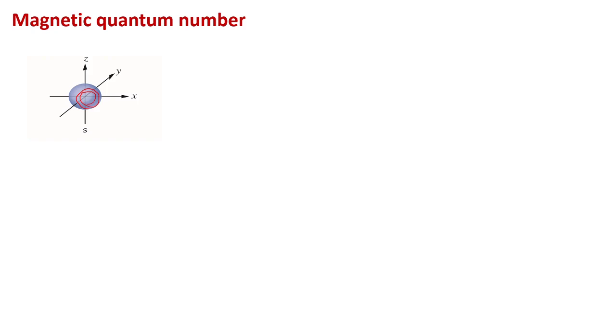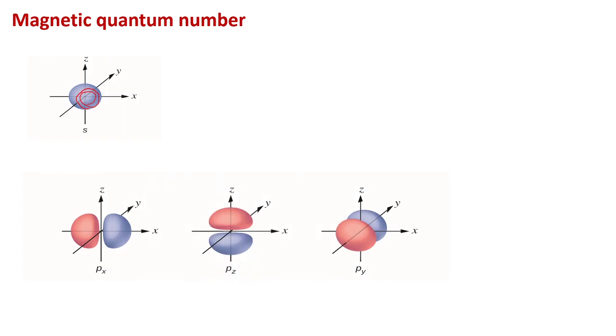In this particular case, I cannot say which orientation it is in. But let's talk about the p orbital, which has the shape of a dumbbell. If it has the shape of a dumbbell, you can see that it will have an orientation. It can be lying along the x-axis, along the z-axis, or along the y-axis.